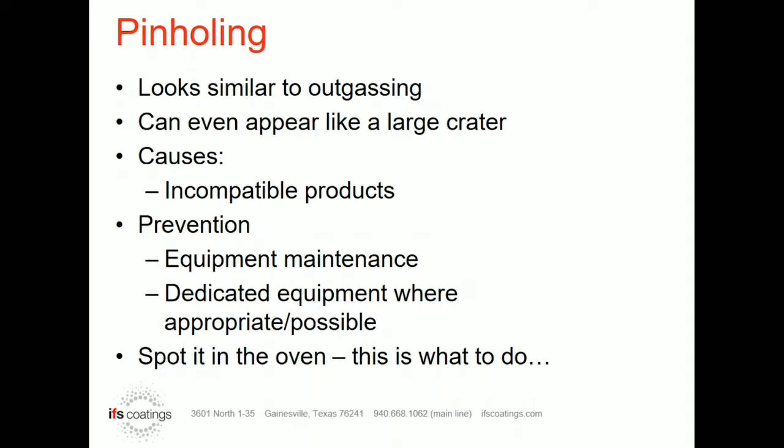We have literally seen where we tried to run a polyester in behind a urethane, and there was so much residue in that oven, it took hours before we could ever get a good part. So sometimes you just need to understand your products and understand that you're going to need some dedicated hoses, or a dedicated gun, or a dedicated hopper.